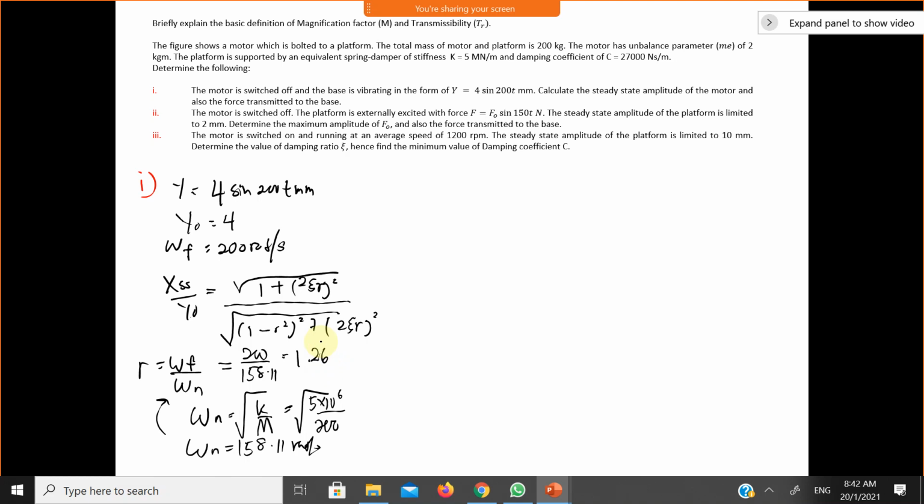Alright, then we need to find zeta. So what is our formula of zeta? Based on the damping coefficient, 2 zeta omega n equals c over m, isn't it? Then zeta equals c over 2 omega n m.